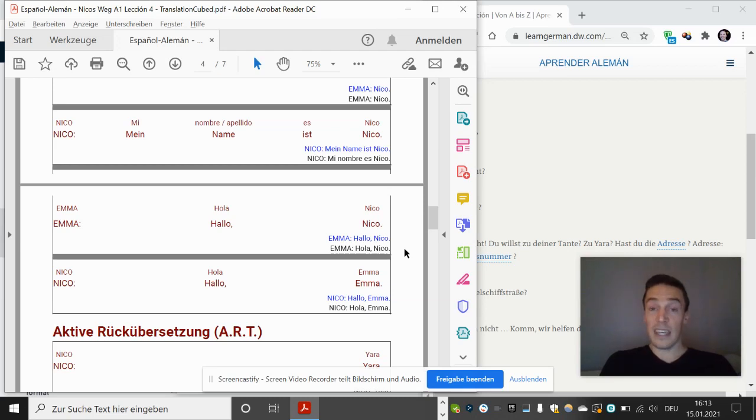Pero si quieren decir mucho gusto o encantado, se puede decir schön dich kennenzulernen. Eso sería informal, o schön Sie kennenzulernen. Eso sería formal, ¿vale?